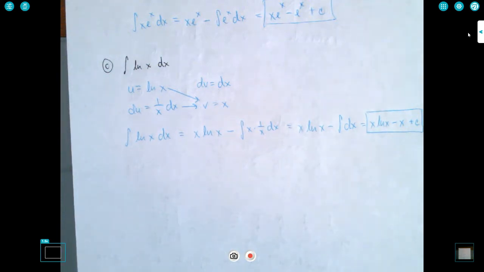But it does work, and so anyway, this is a very nice technique. Integration by parts is very good.